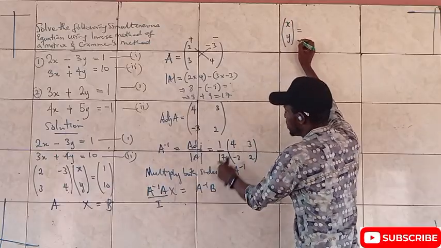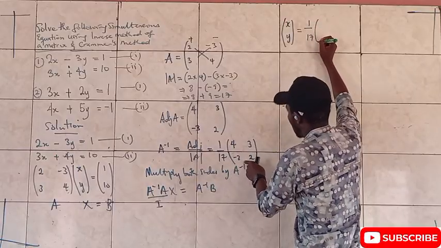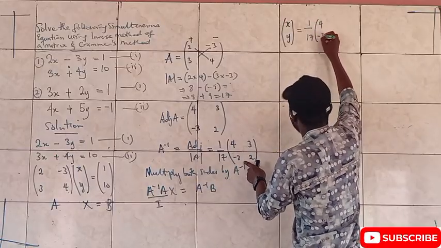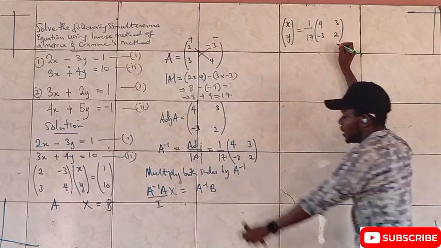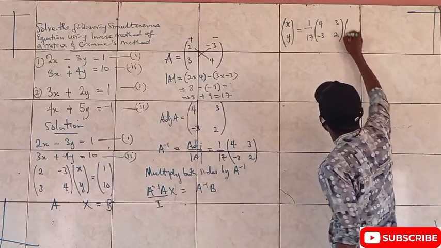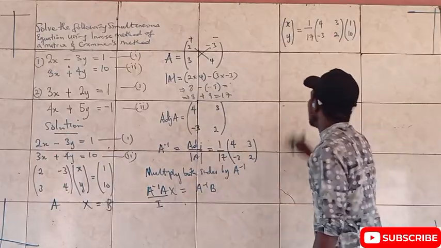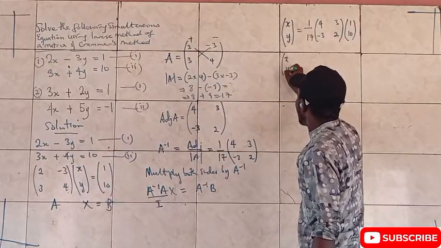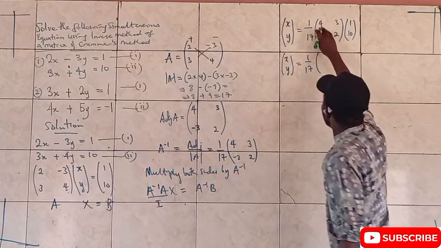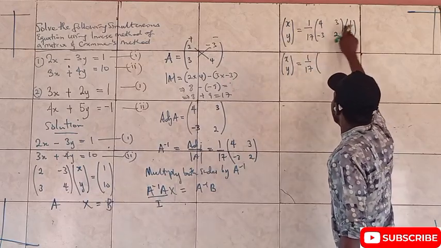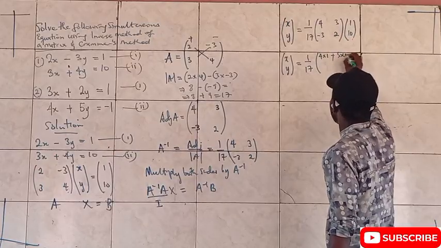Then my A inverse here is 1 over 17. Open the bracket. I have 4, minus 3, 3, then 2. That's my inverse. Then my B, which is my constant, 1 and 10. Next is to multiply, which we have also done before, the multiplication of matrices. So 1 over 17, row times column: 4 times 1, plus 3 times 10.